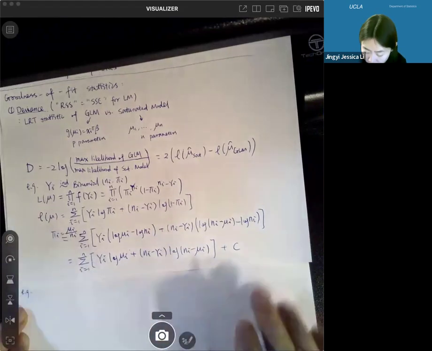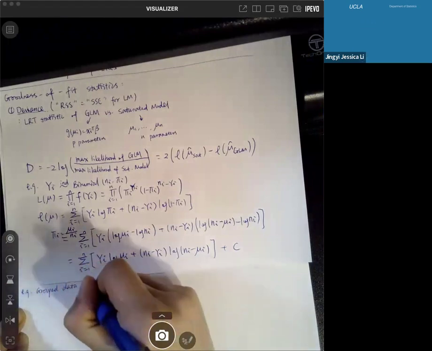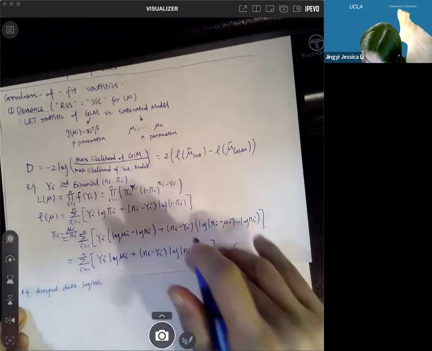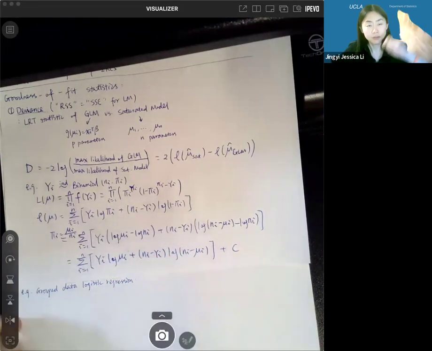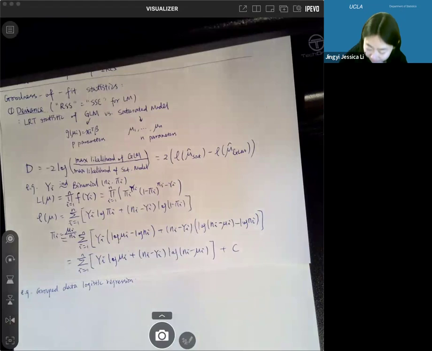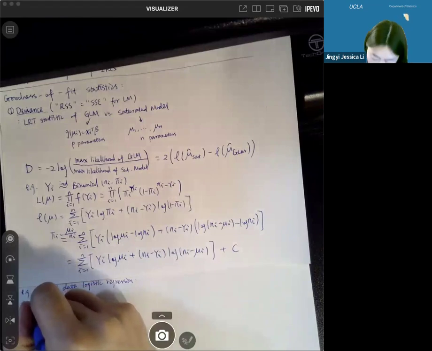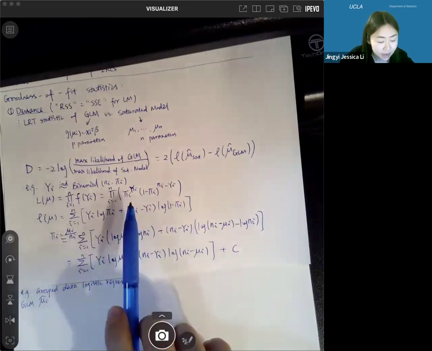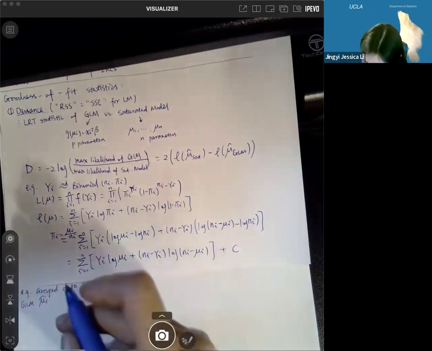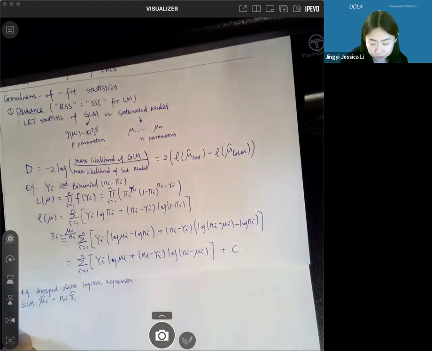So for the group data logistic regression, we have mu_i hat GLM. Here the mu_i is defined as ni times pi_i hat, because it's group data, and the group size for group i is ni.